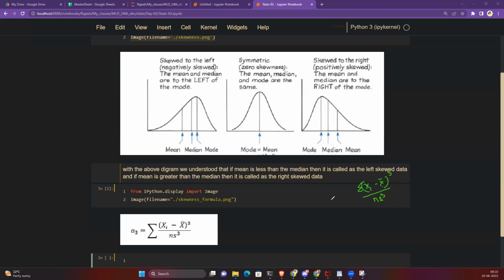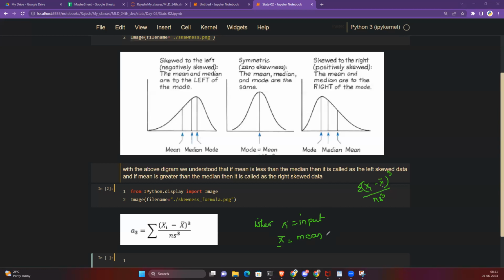Let me write this down. Here xi is the input, and x bar is the mean. If I write x bar, it means it's a sample mean.